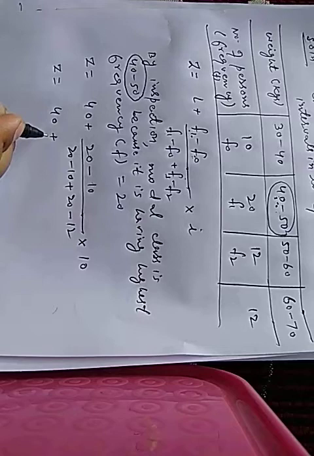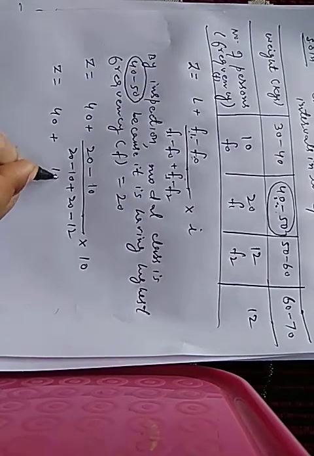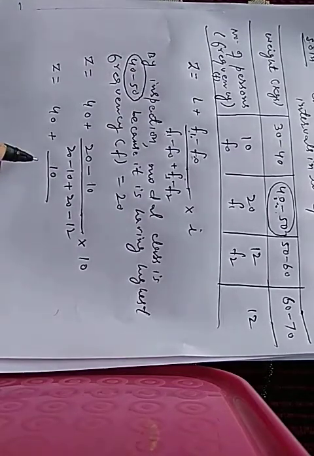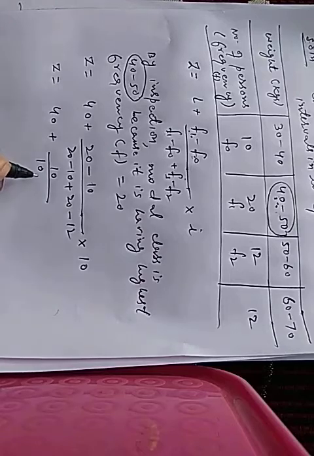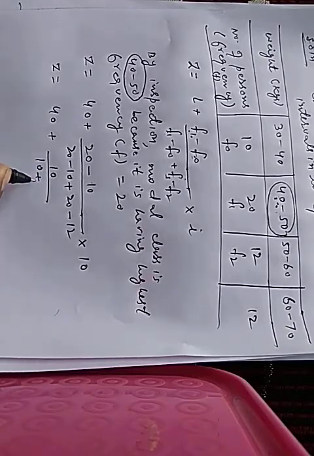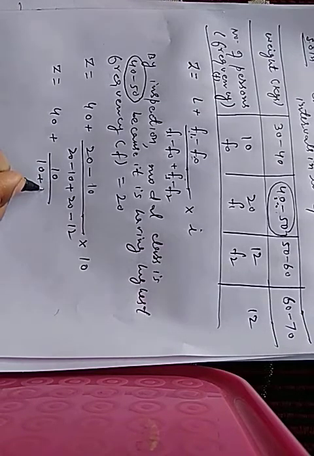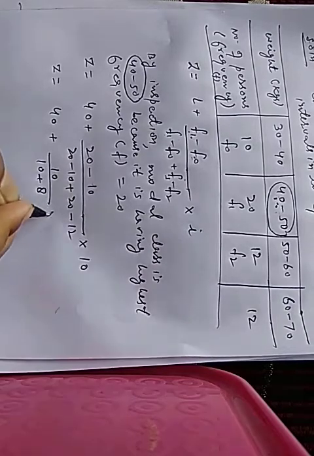Z, that is model value, will be equal to 40 plus 10 divided by 20 minus 10, plus 20 minus 12, which is 8, multiplied by 10.